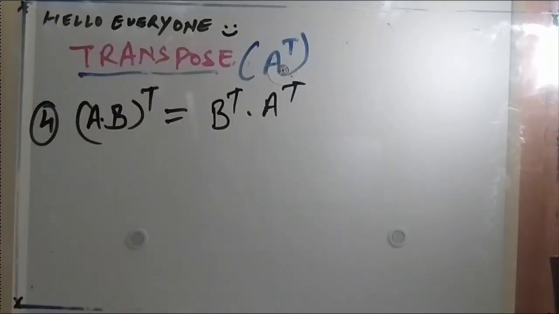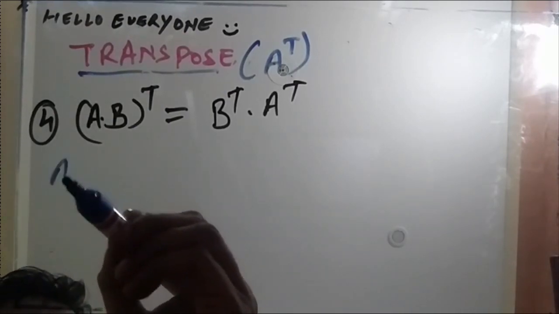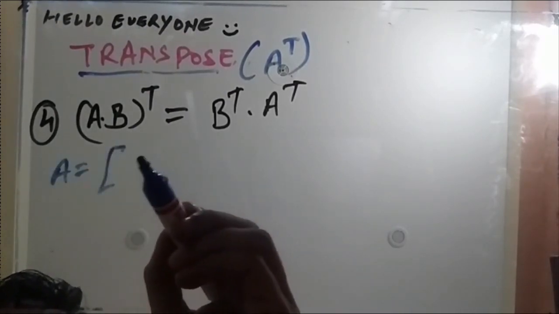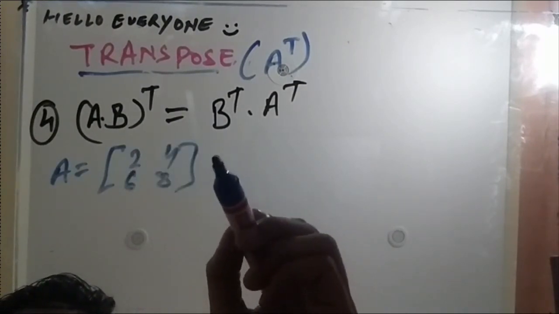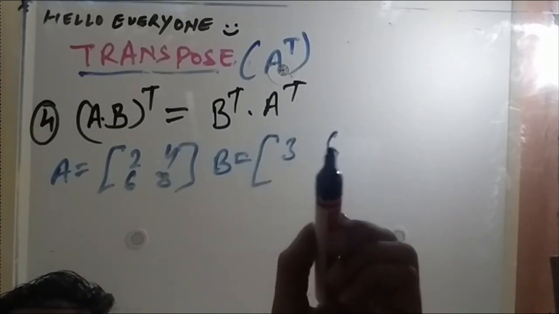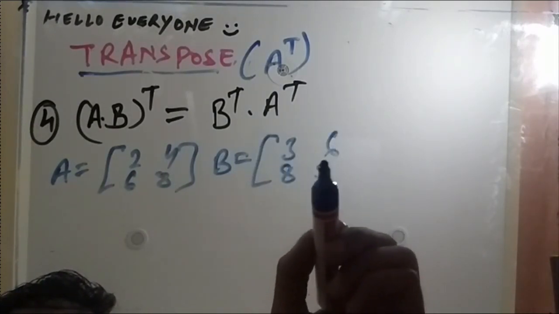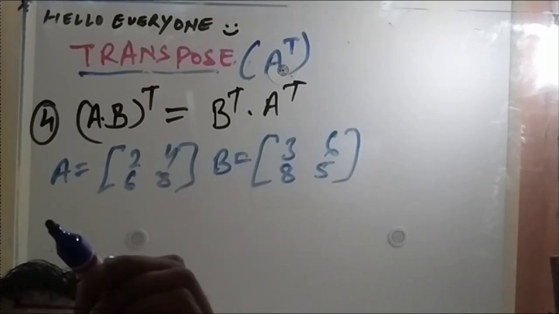Let's understand this property by an example. Assume a matrix A: 2, 4, 6, 8 and a B matrix: 3, 6, 8, 5. Let's multiply both of them.